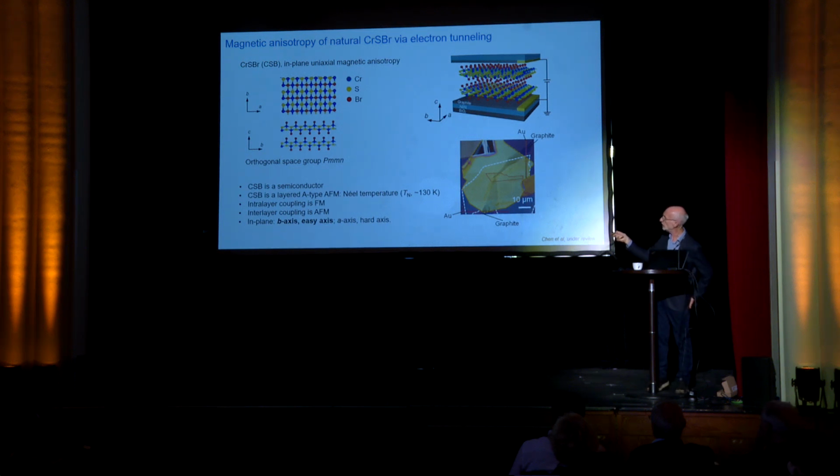So first, let's look at the case without any twisting. We simply take a bilayer, as shown here, and here is the bilayer, untwisted. We make graphene electrodes, top and bottom, and we protect the chromium sulfur bromine with hexagonal boron nitride underneath and here, and we make gold electrodes to the graphene electrodes to the bilayer tunnel barrier.